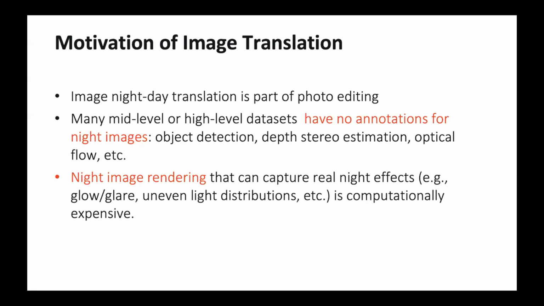So our solution is that because in the daytime we have many annotations for object detection or depth estimation, we want to translate the nighttime data to daytime. Then we can utilize daytime annotation to do the job.